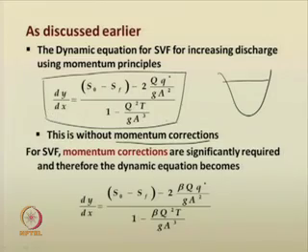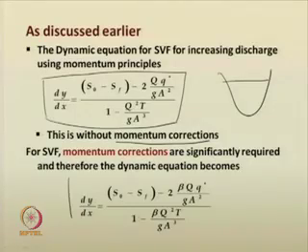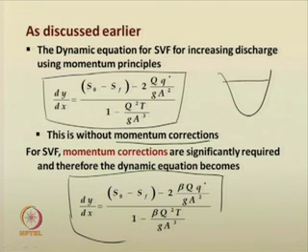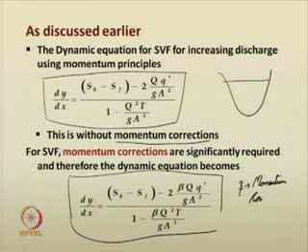Usually the momentum corrections are very significant in spatially varied flow. Therefore, we have to apply the momentum correction factor, and the modified dynamic equation will look like this. That is, dy by dx is equal to S0 minus SF minus twice beta Q Q star by g A square, the whole thing divided by 1 minus beta Q square T by g A cube. So, beta, the momentum correction factor, is incorporated in the dynamic equation.